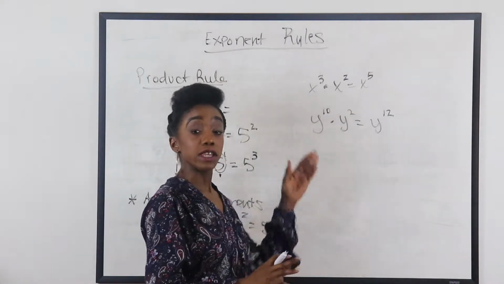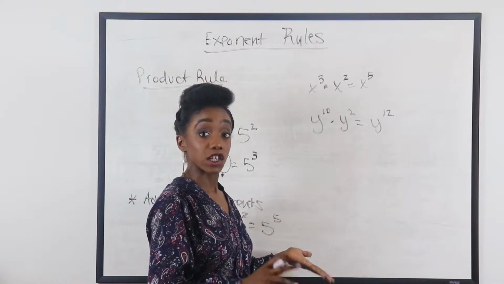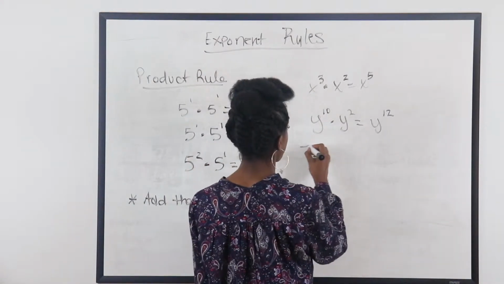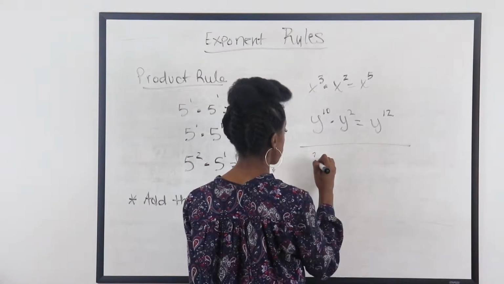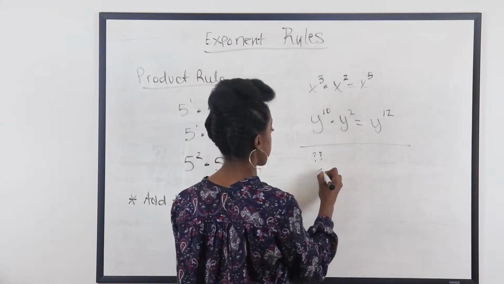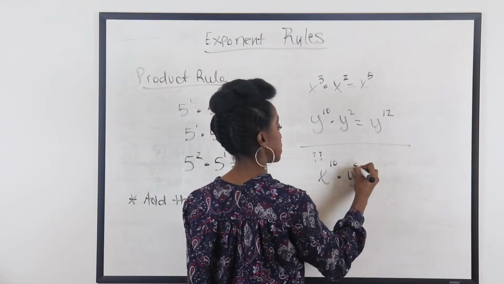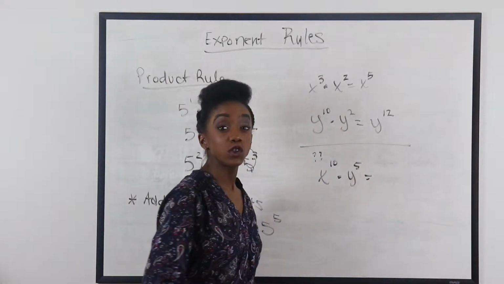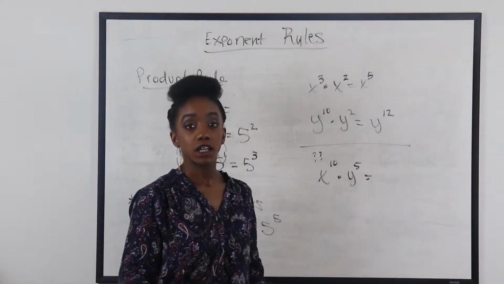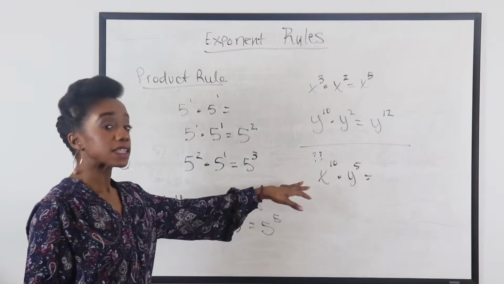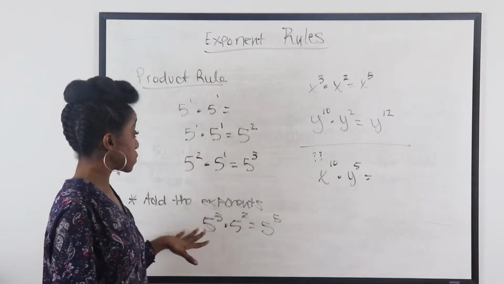Now, let's take a look at an even trickier example. What should we do if we have something like x to the 10th times y to the 5th? What do we do there? Take a moment. How is this different than the other examples?